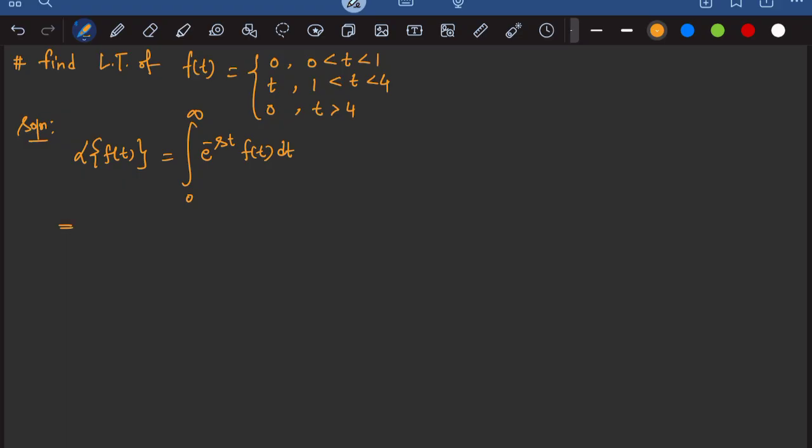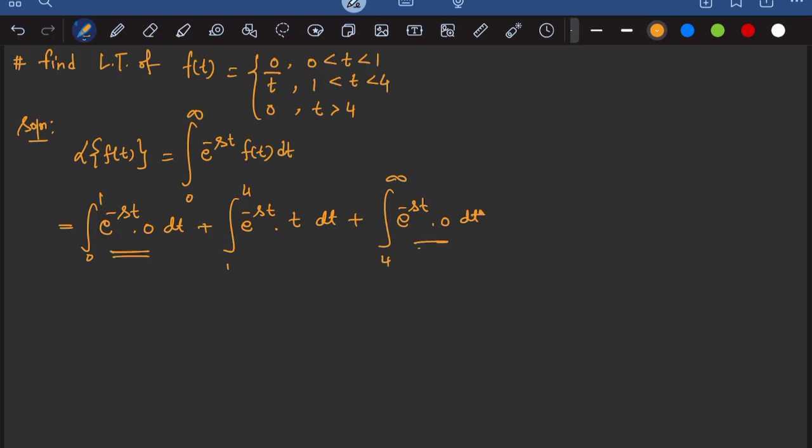So here piecewise function means you can break this into 0 to 1 of e power minus st times 0 dt, plus 1 to 4 of e power minus st times t dt, plus 4 to infinity of e power minus st times 0 dt. The first and third components will give you 0, so immediately you have the integral from 1 to 4 of e power minus st t dt.